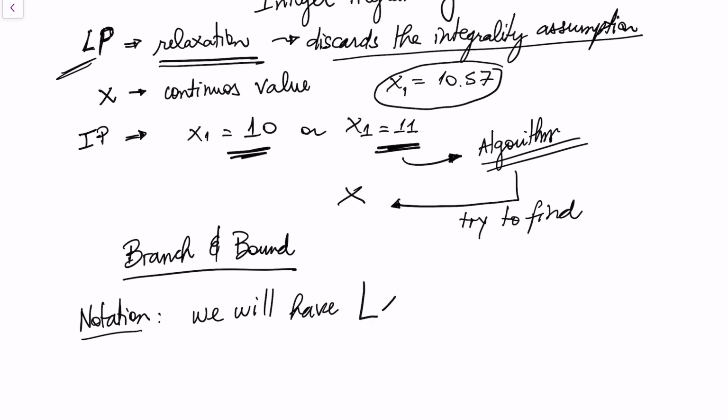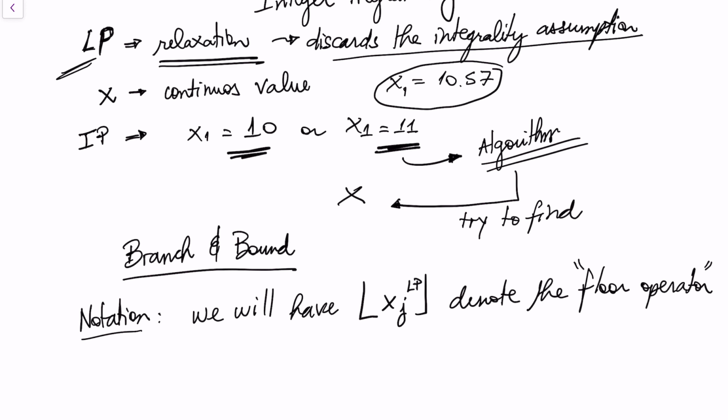So the floor operator of the decision vector x will denote here the floor operator. This floor operator means that we will round down the value of x.